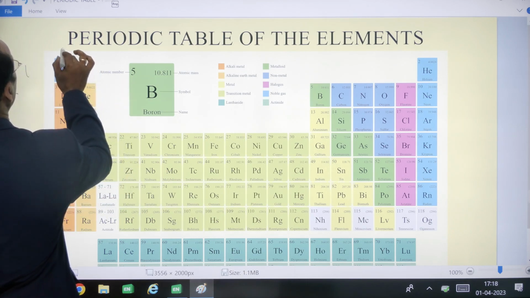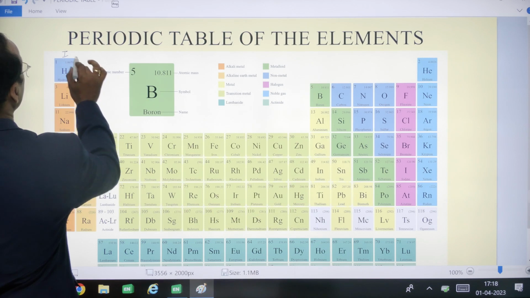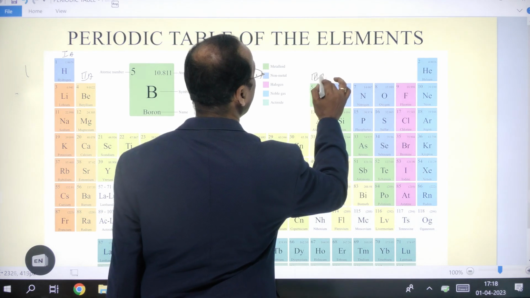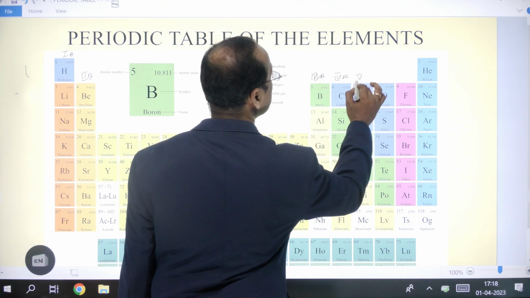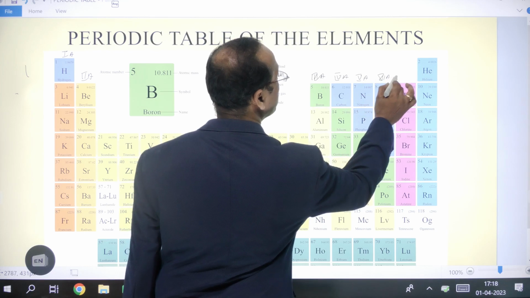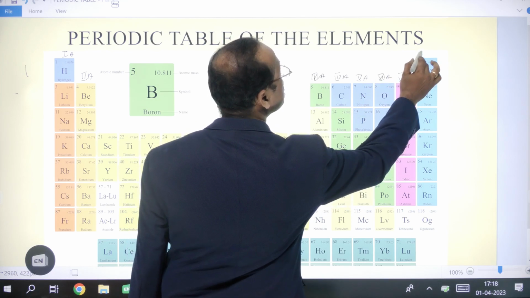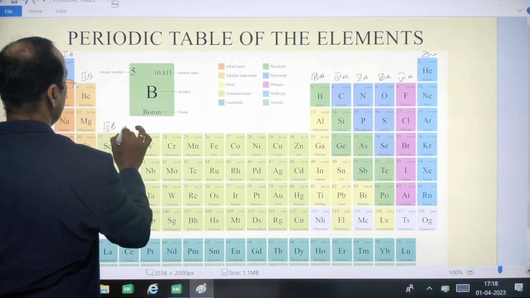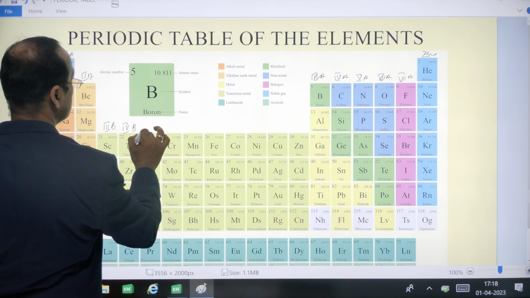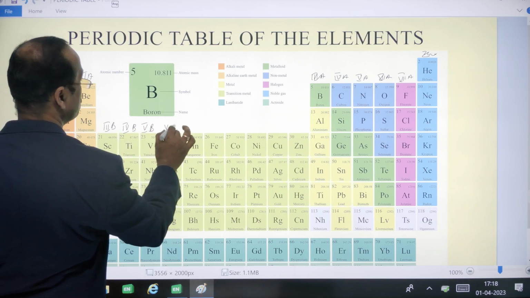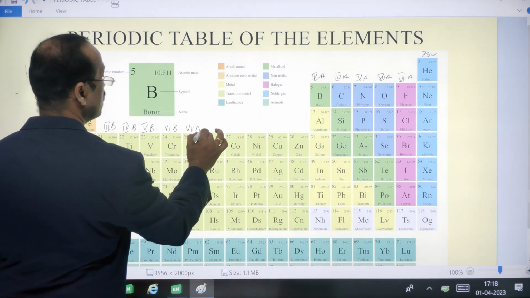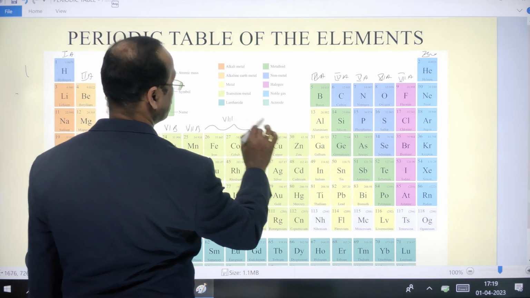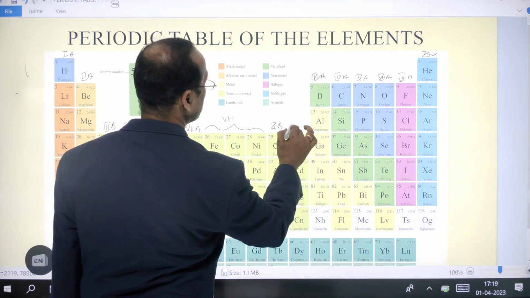So this is Roman number 1, this is 2, this is 1A, 2A, and this is 3A, and 4A, this is 5A, this is 6A, this is 7A, this is 0, and this is called 3B, 4B, 5B, 6B, 7B, then the 8th group, and this is 1B, this is 2B.